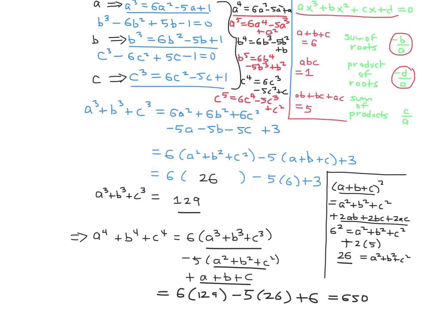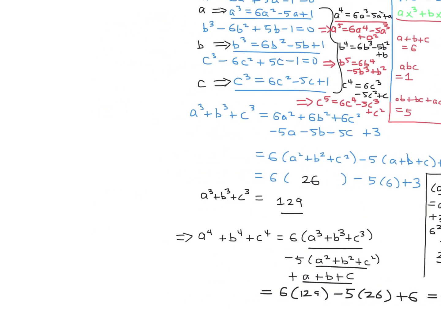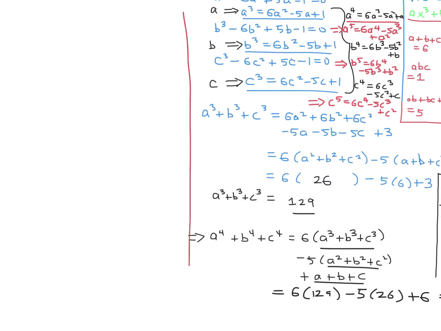And as before, you add them. So this plus that plus that. You see how this is all working out? And I think I can keep it on the same page. Yeah, I can. All right, so add those three, and you'll get a to the power of 5 plus b to the power of 5 plus c to the power of 5.